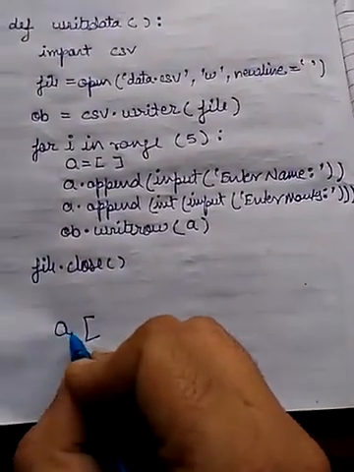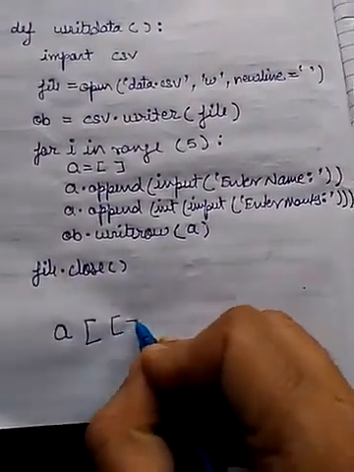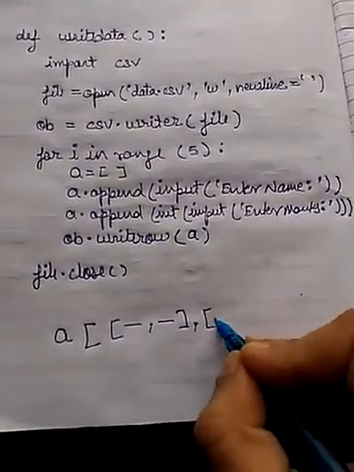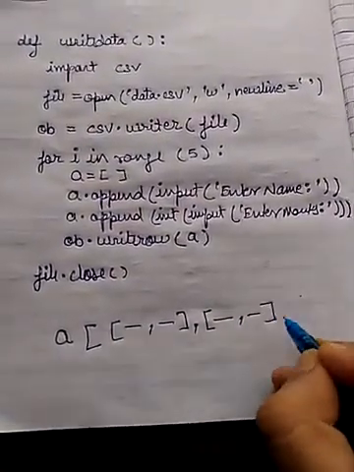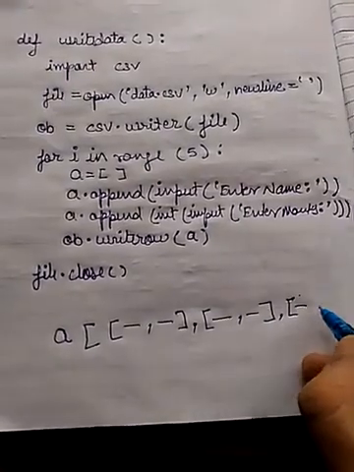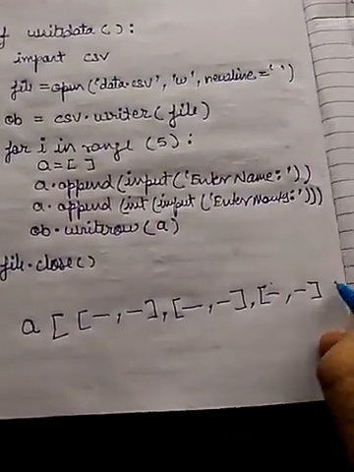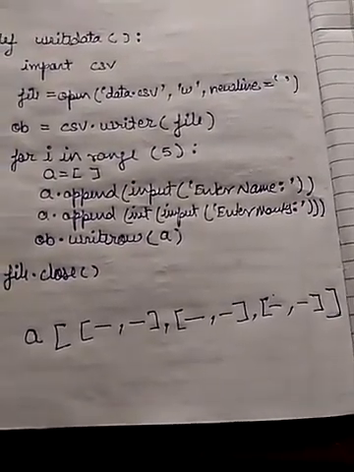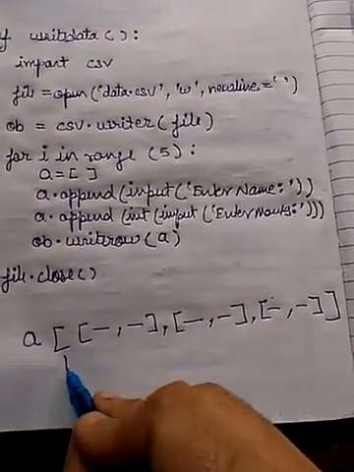Let us say it is a list A, which is containing name and marks, another name and marks, another name and marks. In this way we have to create a nested list. So this is the list.